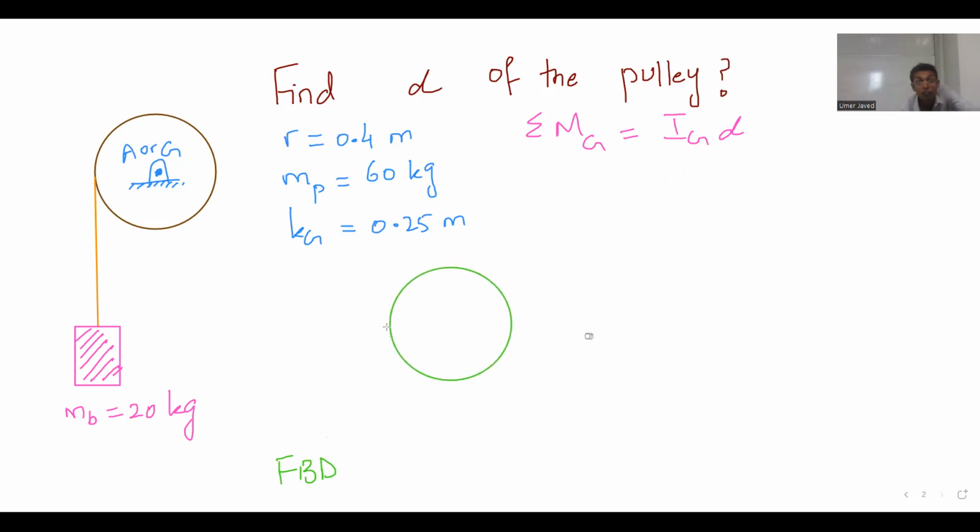Then let's call this T in the free body diagram, and this is my WB.